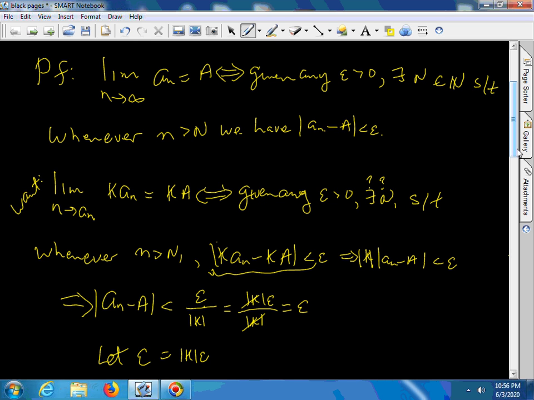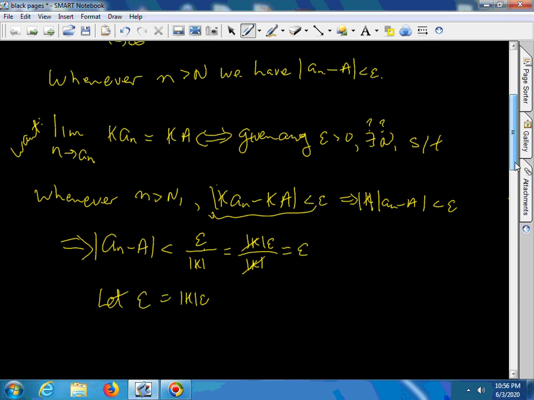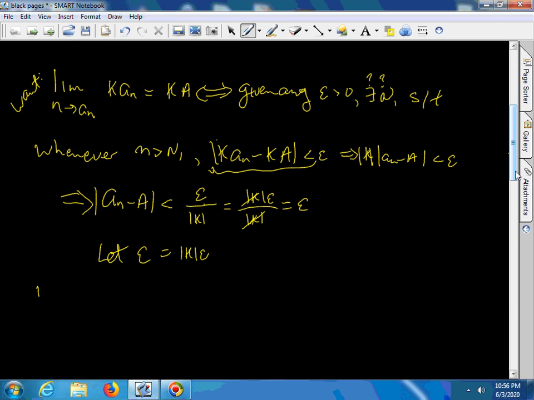But that was true for, let's find it, that was true for N. We can just let N sub 1 equal N, or N sub 1 can be larger than N. And that would guarantee that this statement is true.